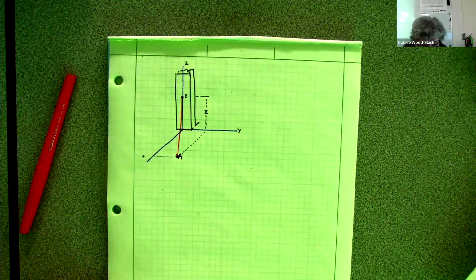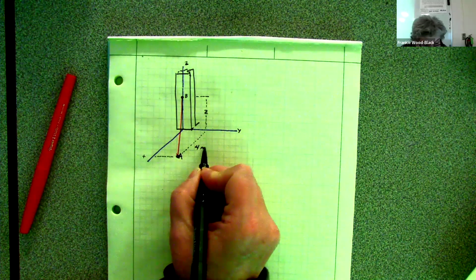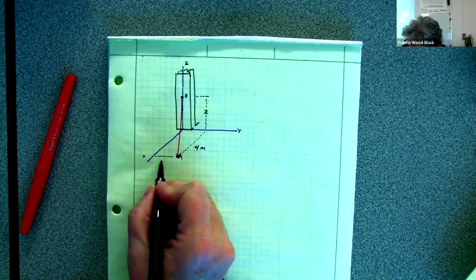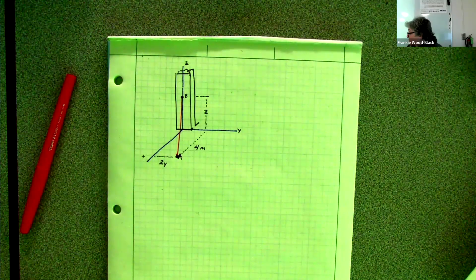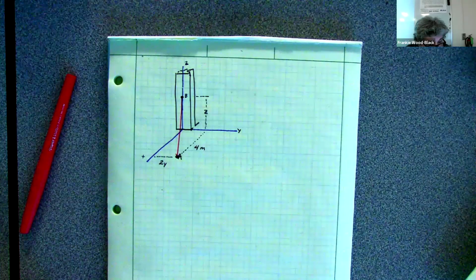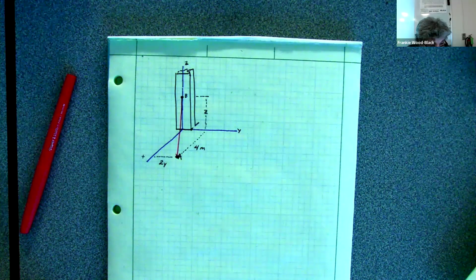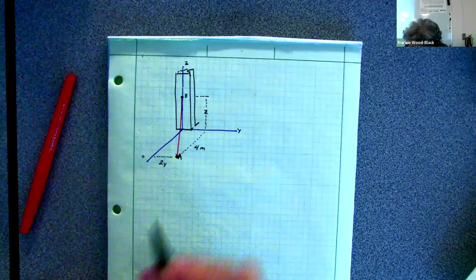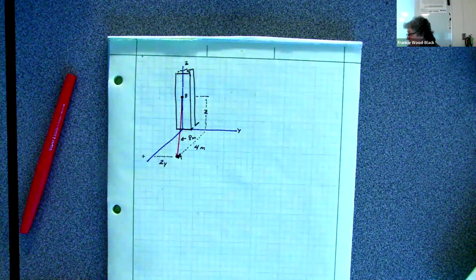We are told that X is 4 meters, and we're told that Y is 2 meters. So we're given our cable, and we want to determine the coordinate Z such that our cable is 8 meters long.